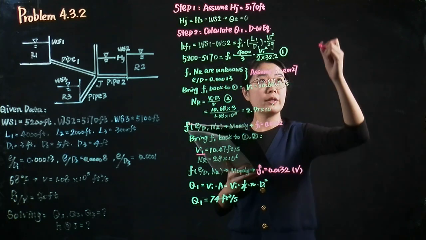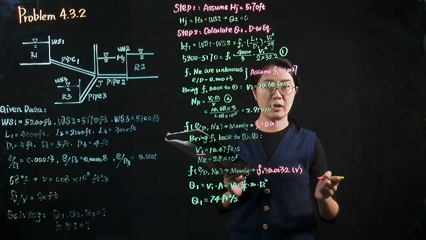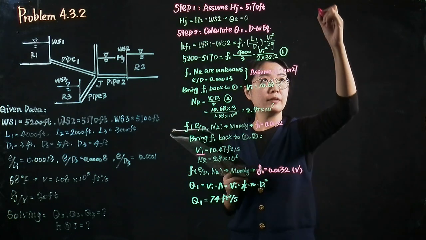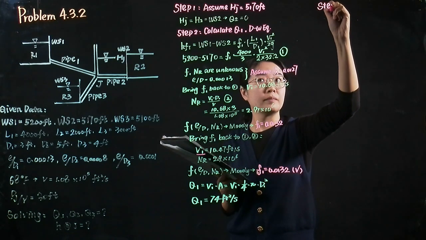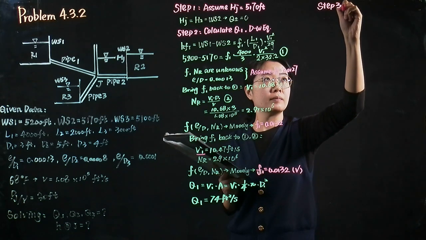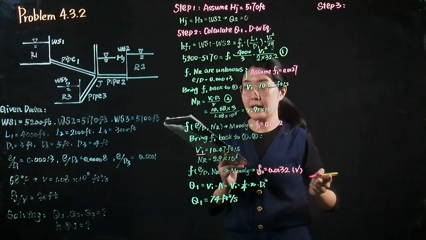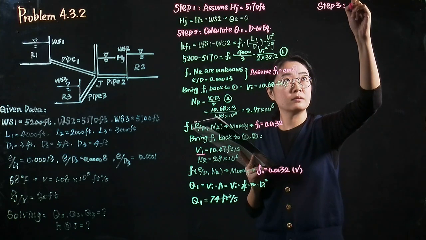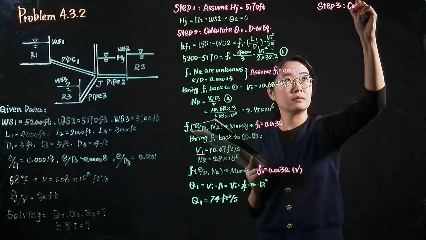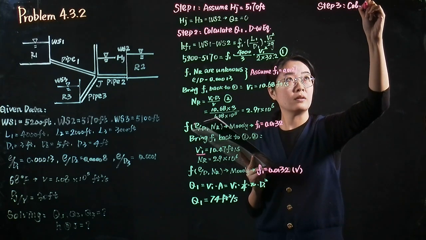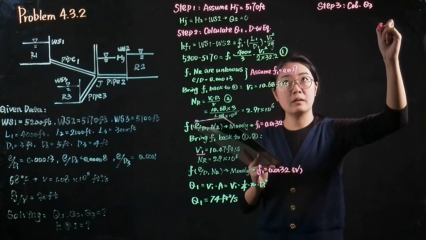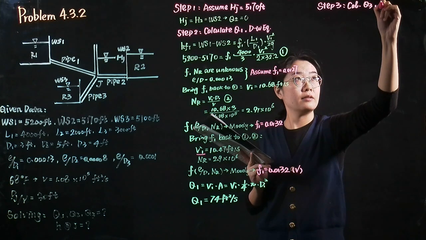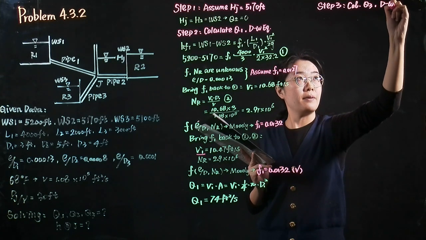Step 3 is to calculate Q3 by using the Darcy-Weisbach equation.